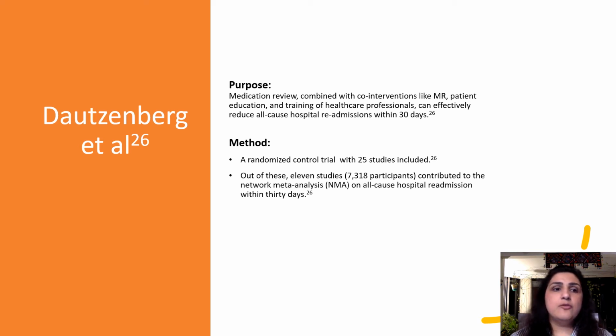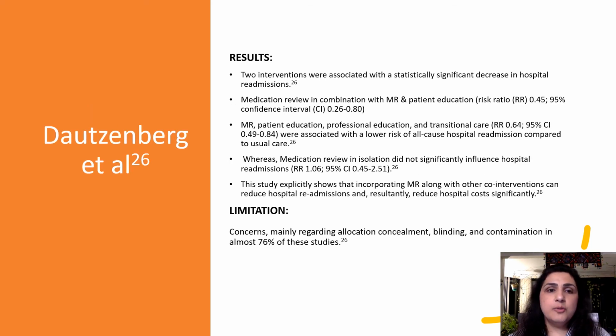So, a randomized controlled trial was used in the study with 25 studies included. And out of these, 11 studies contributed to the network meta-analysis of all-cause hospital readmissions within the 30 days. So, what were the results? Two interventions were associated with a statistically significant decrease in hospital readmissions.